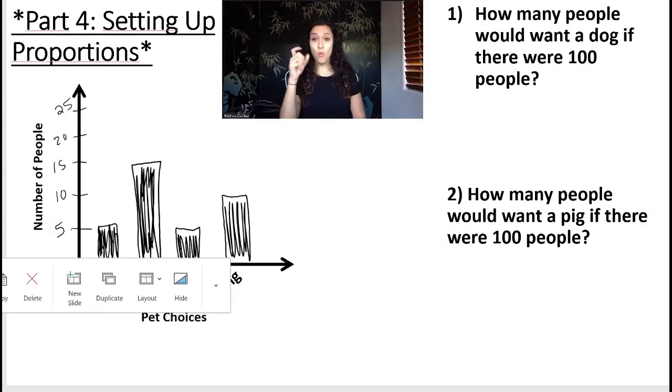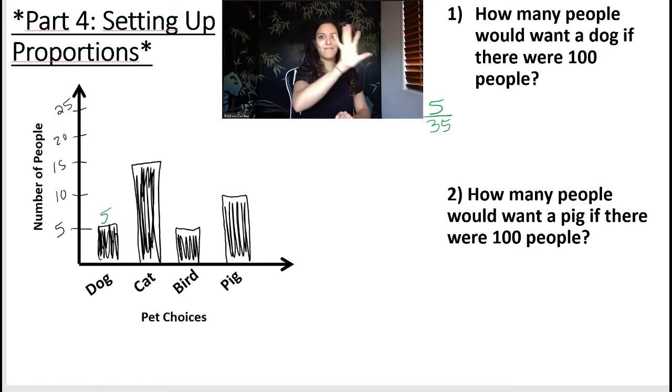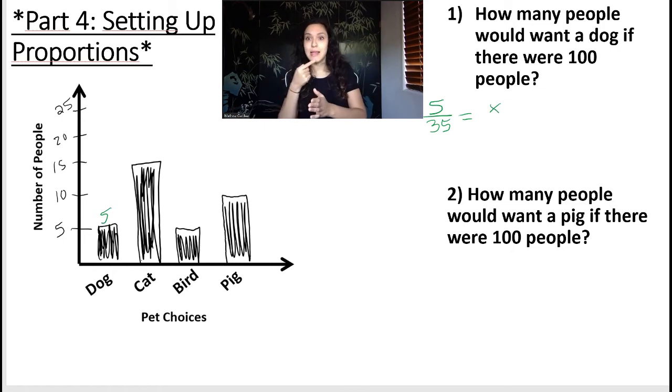It says how many people would want a dog if there were 100 people? Let's see how many want a dog right now. There are 5 people who want a dog. Set up what I know. So 5 people out of how many people? 35. 5 people out of 35 want a dog is the same as how many out of 100 people?